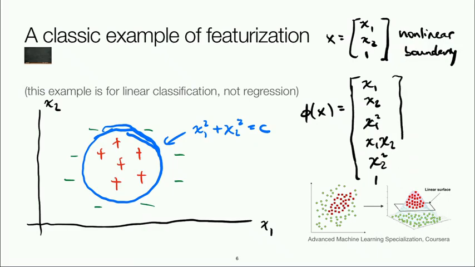Then all of a sudden, if I use this feature representation phi of x instead of x directly, I can represent this with a linear model. If I learn a linear model on phi of x, it's able to represent these types of decision boundaries, if that's what I need for my problem.